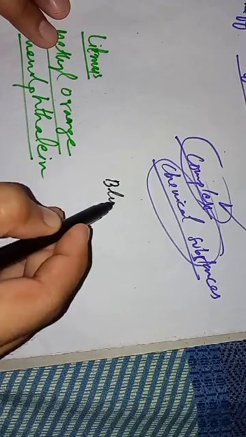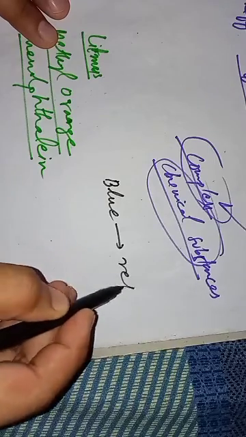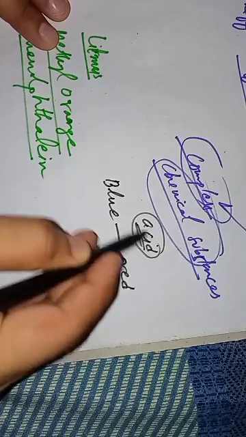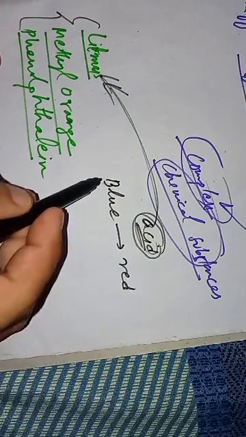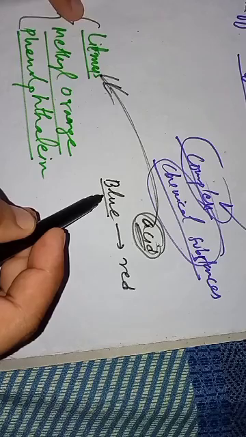So what happens? Litmus changes from blue to red when an acid comes in contact with these indicators. Blue colored litmus paper or liquid will change into red.